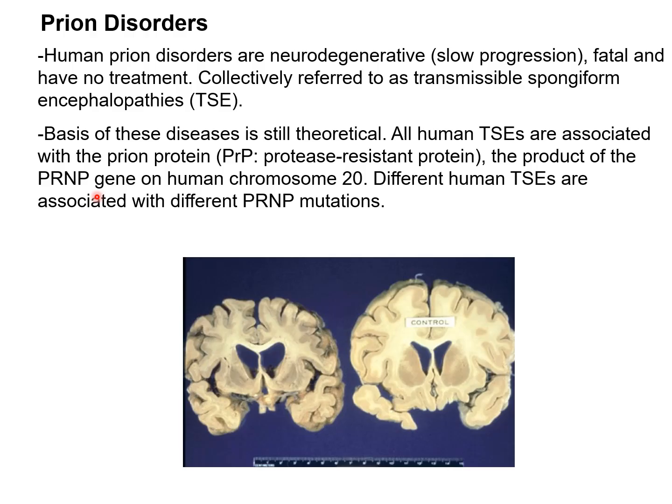So it results in the production of the normal protease-resistant protein. So we do have a normal form that has a biological function in us, as you'll see in a little bit. But some malformation in this protein can result in a TSE. So different human TSEs are associated with different mutations of the gene or different formulations of the protein itself, as you will see.